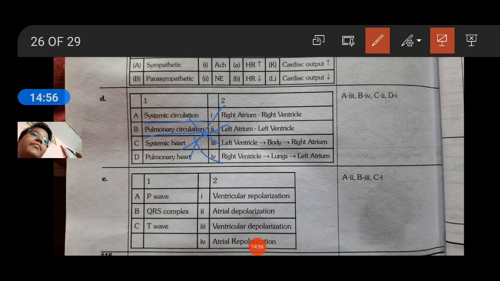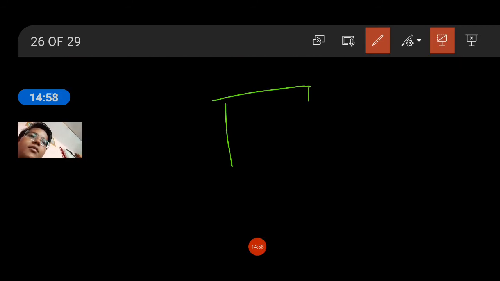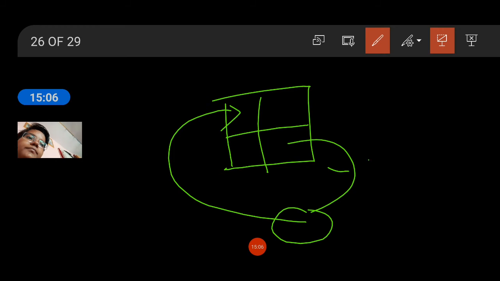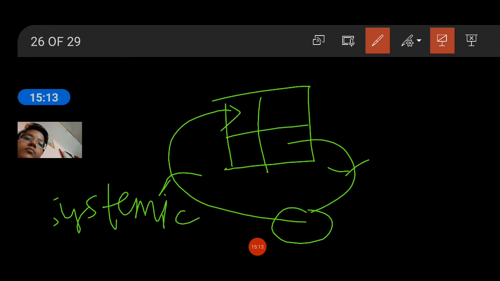I can draw your four chambers like this. Whenever blood goes from here to here, it's called systemic: left ventricle to cell to the right auricle.